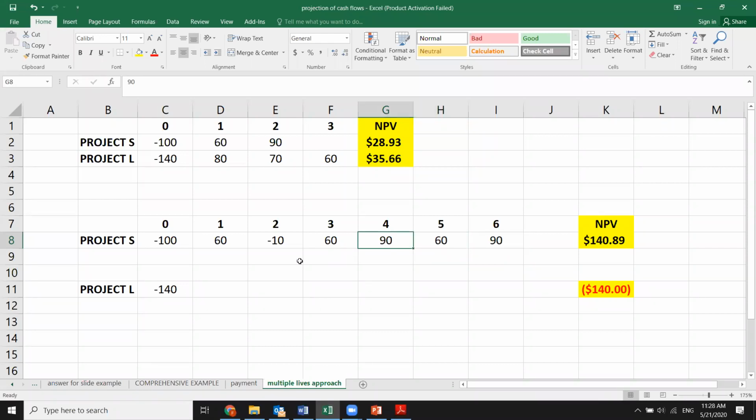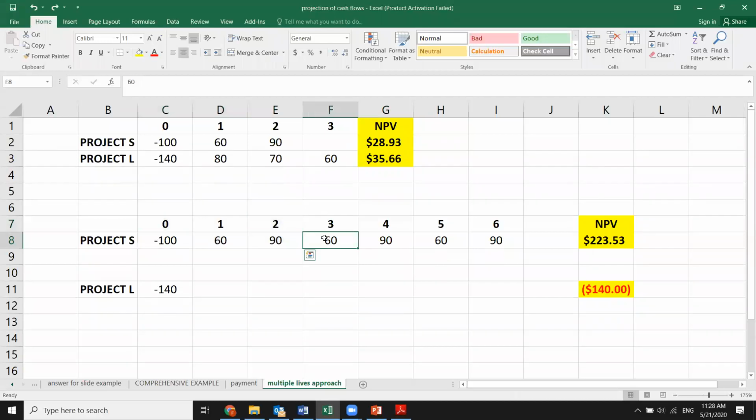Sorry, Professor. Could you repeat how you derive minus 10? Yeah, sure. Now, did you understand what I did here until this point? Yes. Okay, we repeated our investment as it is, like restarted again. Now, by restarting, we should take into consideration our investment cost. So this is, as you can see, from 0 to 1.